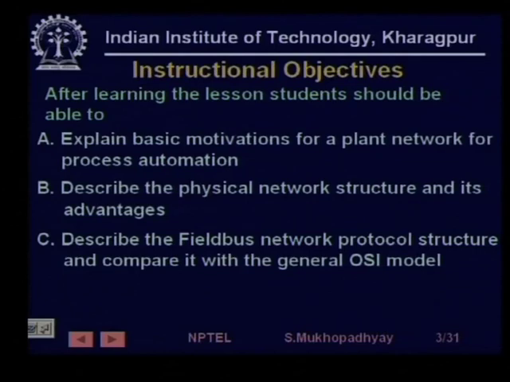Secondly, it will describe the Fieldbus network protocol, the overall network protocol structure. As we know, computer communication is actually a complex protocol where layers of software exist and they talk with each other to finally realize the communication between two geographically far away devices.